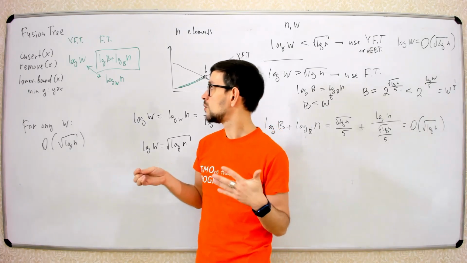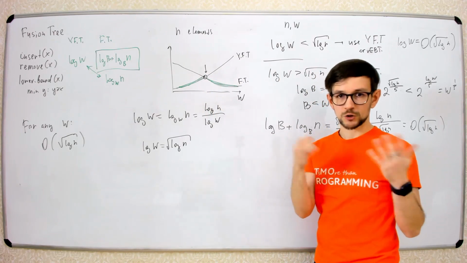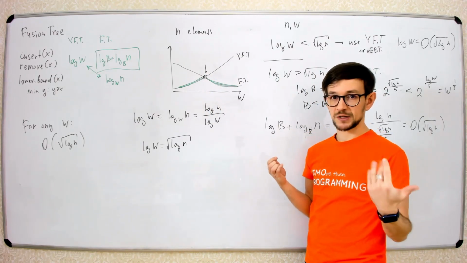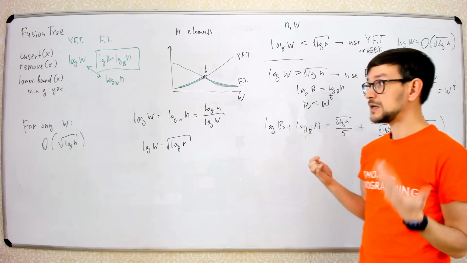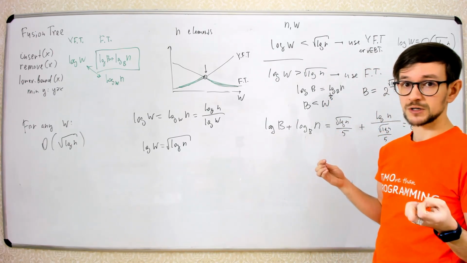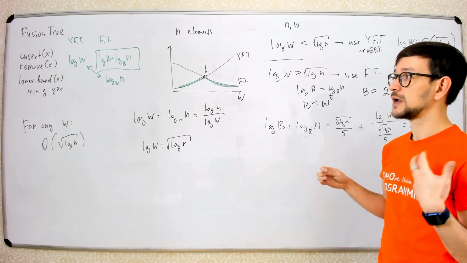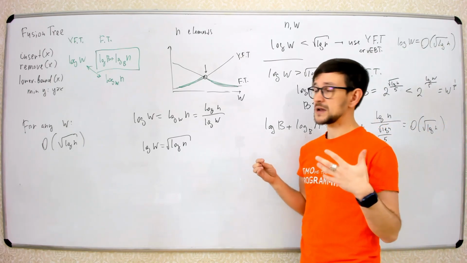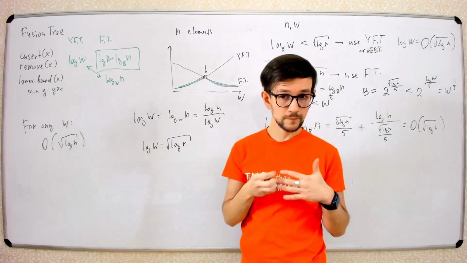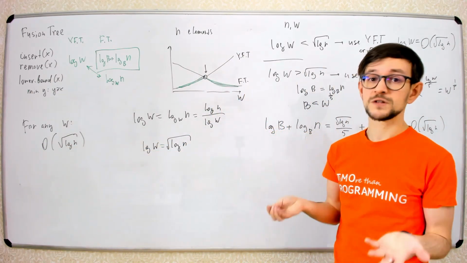Like we proved for abstract objects that it's impossible to build a data structure which works faster than log n time. But here, if we have integers and can do operations with integers in constant time, we can build a binary search tree with time complexity less than log n, so square root of log n. That's an interesting result, right?